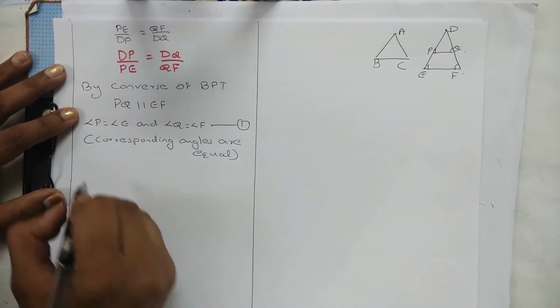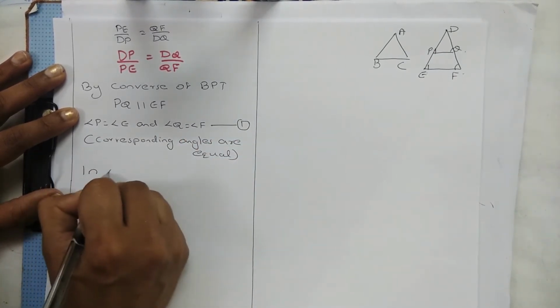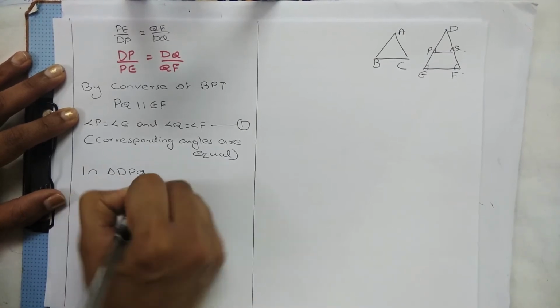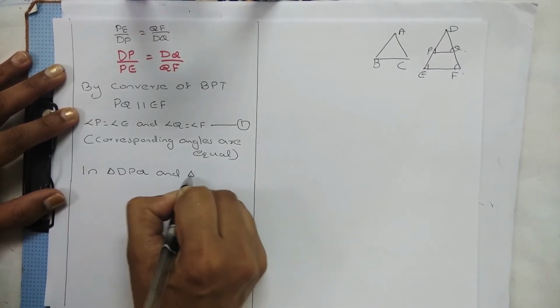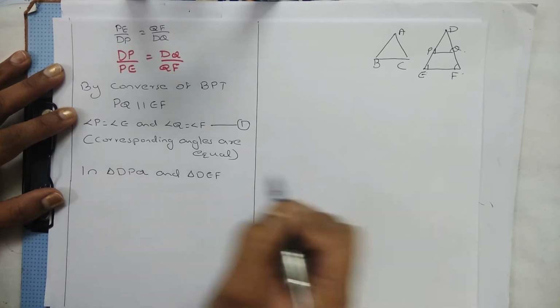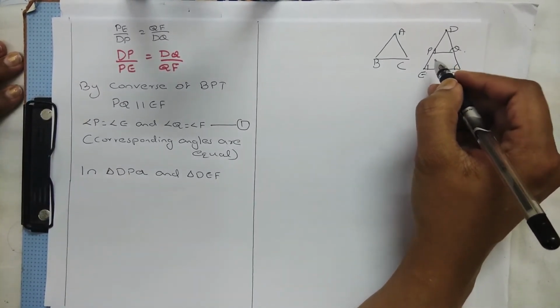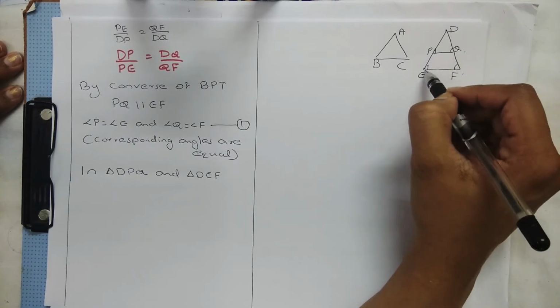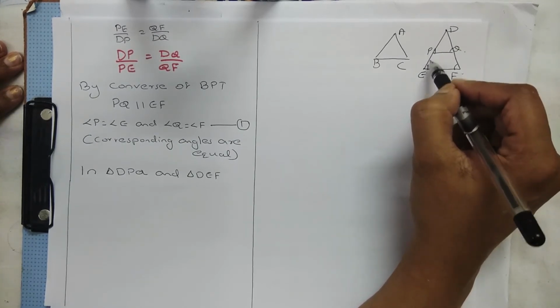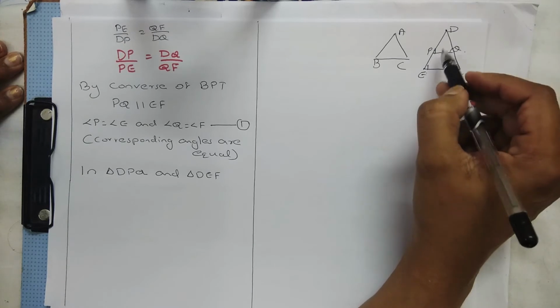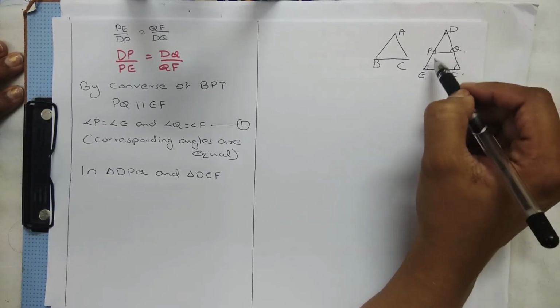Okay. Now consider triangle DPQ and triangle DEF. Why am I considering them? We already got two angles here. We learned the AA similarity criterion, right? So DPQ and DEF will be similar by AA similarity criterion. How come? D is the common angle here.